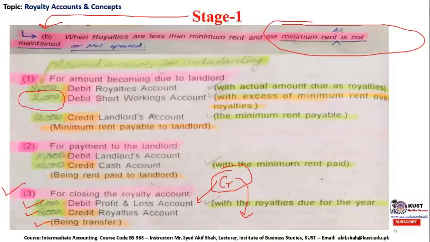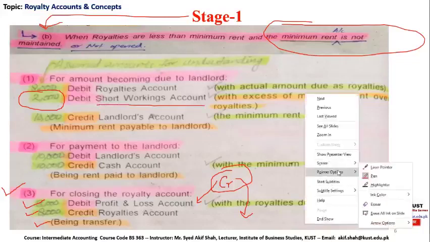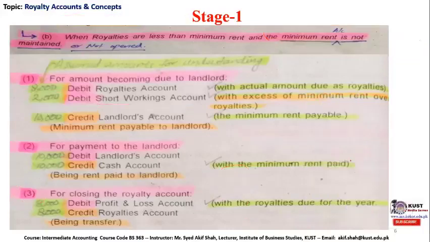Since this 2,000 is recoupable or recoverable from the lessor in later years, like after the second year, third year, fourth year, it is flexible and depends upon the deal between the lessor, the landlord, and the lessee. Therefore, we have not written off the short working yet in this year. This is the way we can write down the accounting entries in the books of accounts of the lessee.